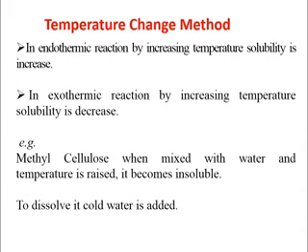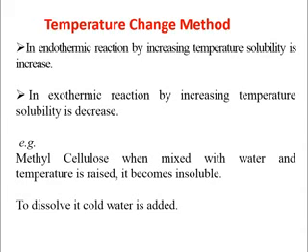Already we have discussed endothermic substances as well as exothermic substances. Endothermic substances are those which absorb heat from the solution, while exothermic substances are those which have the tendency to release heat inside the solution.